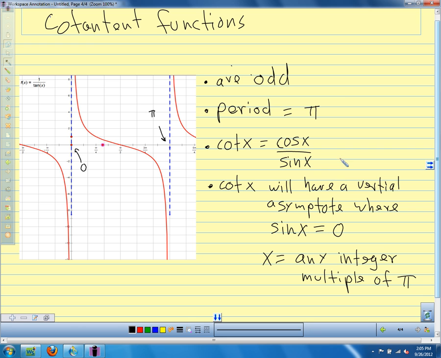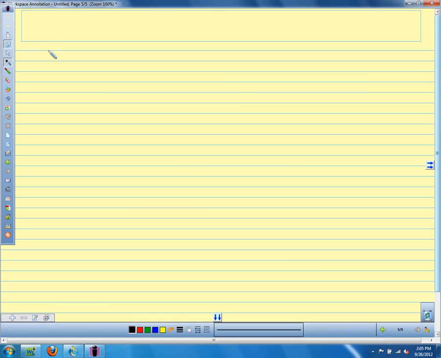All right, so to graph cotangent, the rules are almost exactly the same. Just a slight change because our asymptotes are shifted. But we follow a similar procedure.